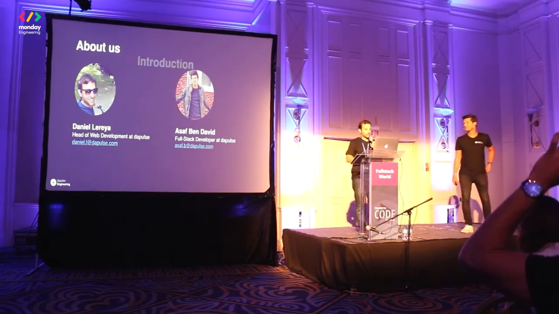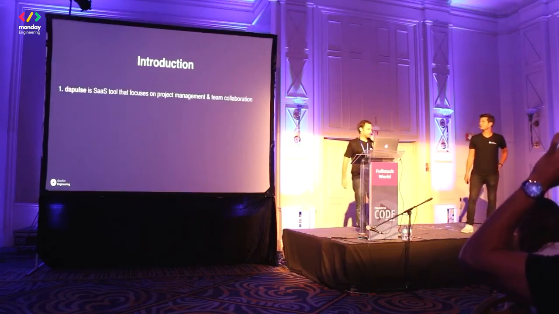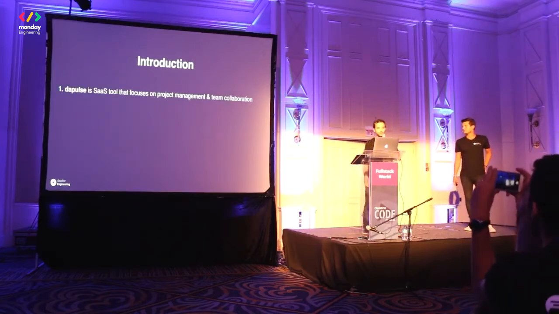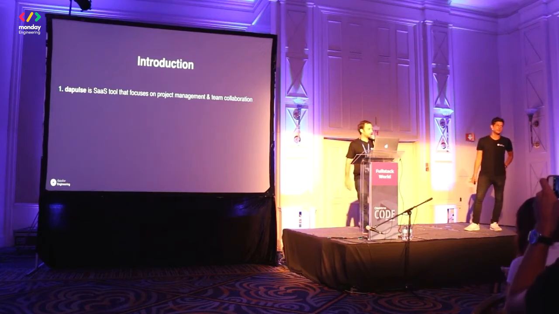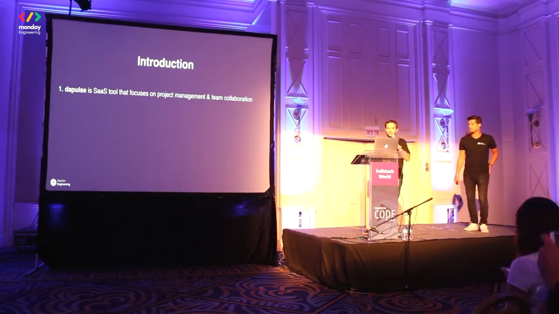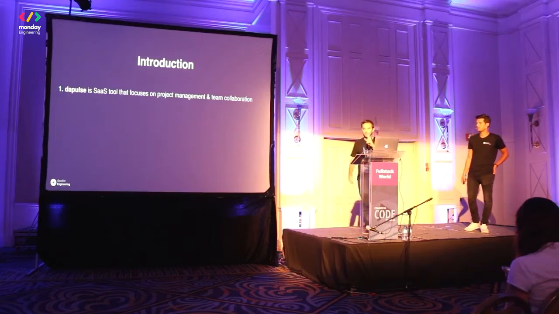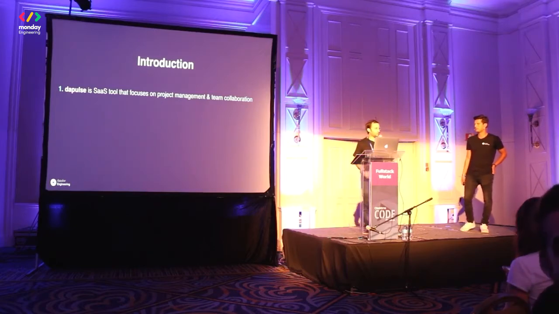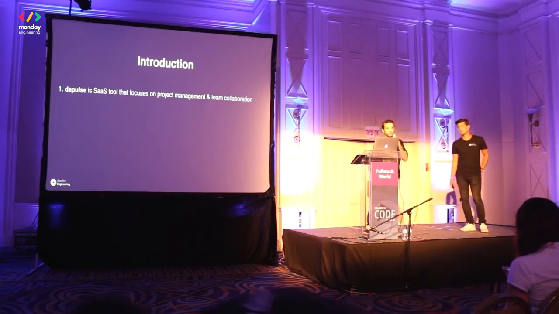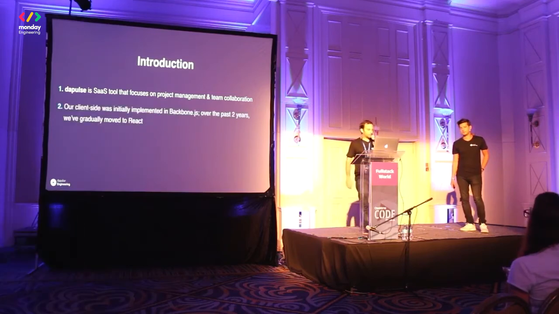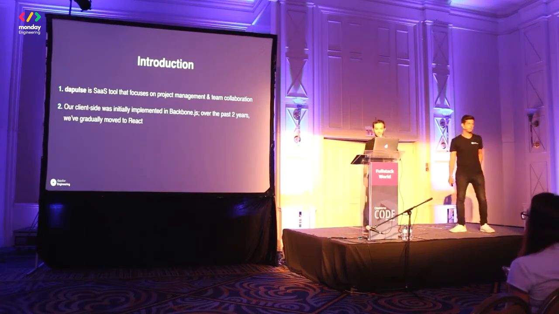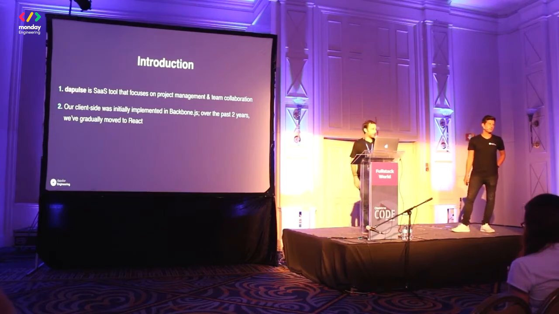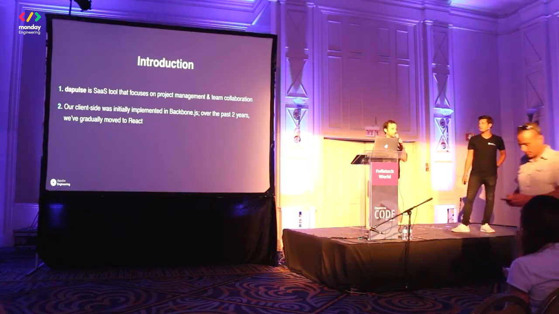In the next 30 minutes, we're going to talk about the performance of UI applications, and especially in React. First, a little introduction about Pulse. Pulse is a SaaS company. We aim to make the work of teams better. And a bit about our engineering: our client side was initially written using Backbone.js, and over the past few years, we are gradually moving into React.